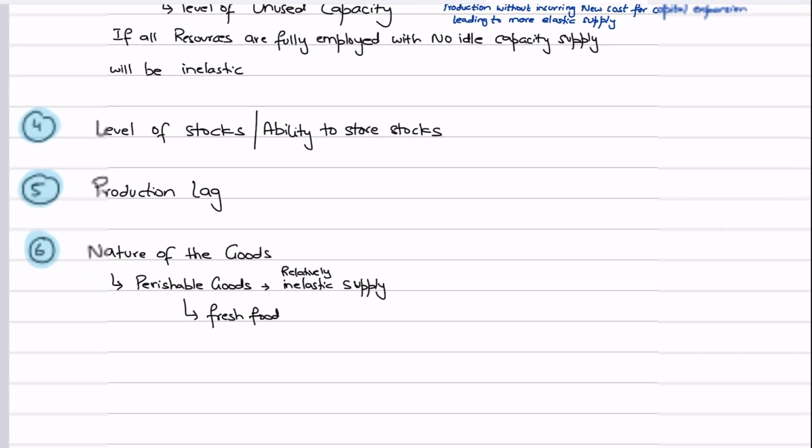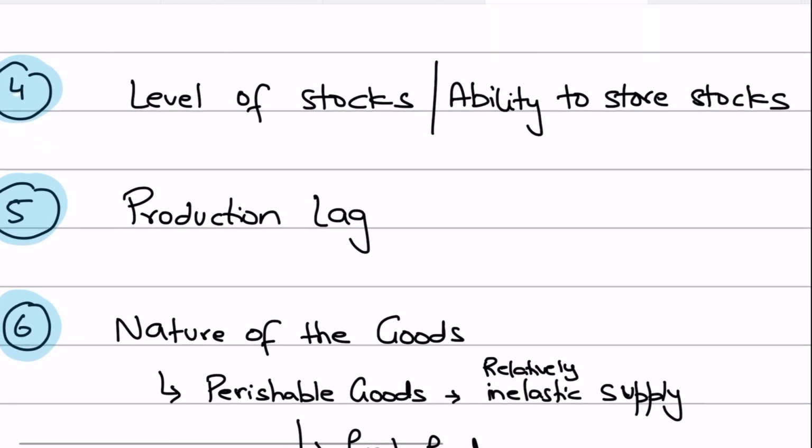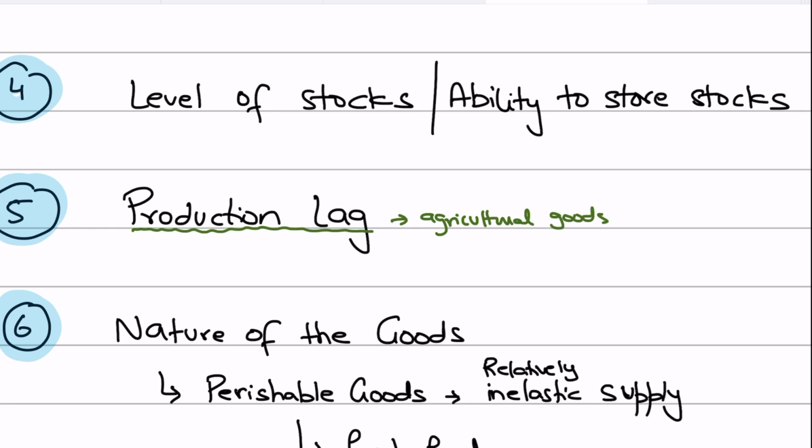So another thing that you could mention is production lag. Now see, certain goods are inherently, by nature, inelastic in their supply. For example, agricultural goods. The correct economic term to use here is production lag, right? Agricultural goods have large production lags, which makes it harder for suppliers, here the farmers, to respond to increasing demand.